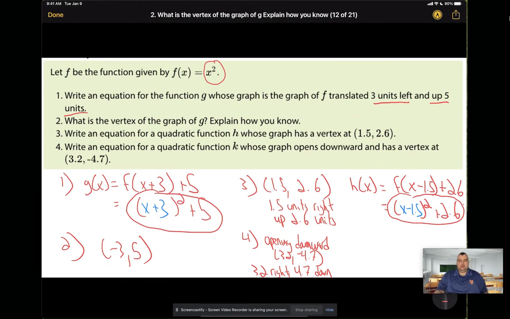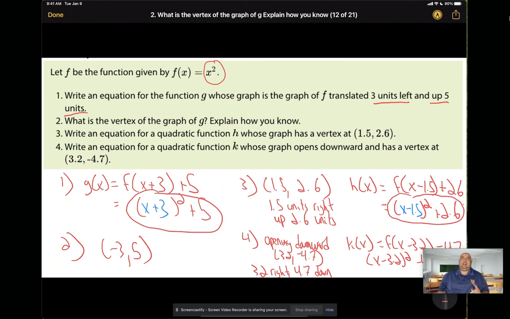So my function notation is going to be k of x equals 3.2 to the right. That's going to be f of x minus 3.2. And then minus 4.7, because 4.7 down, we don't do the opposite, and we put that on the outside. So my function is going to be x minus 3.2 squared minus 4.7.